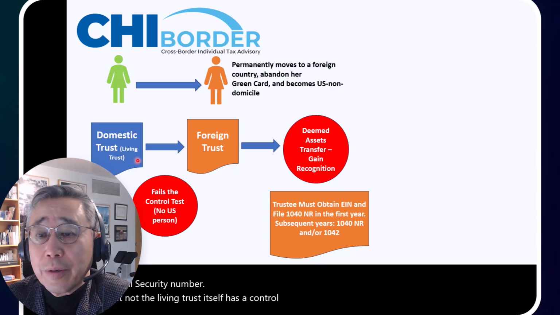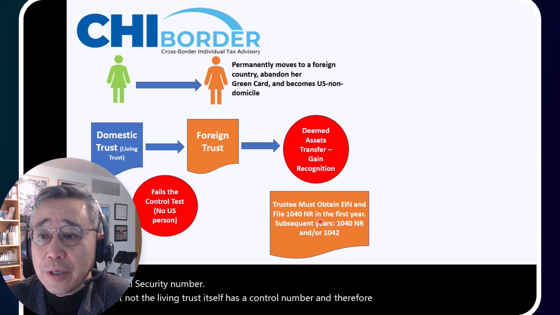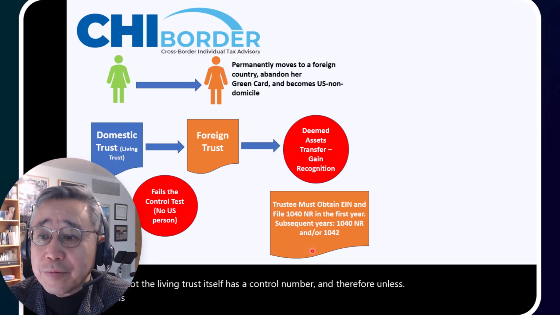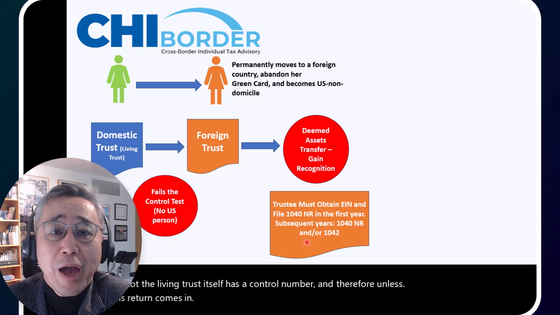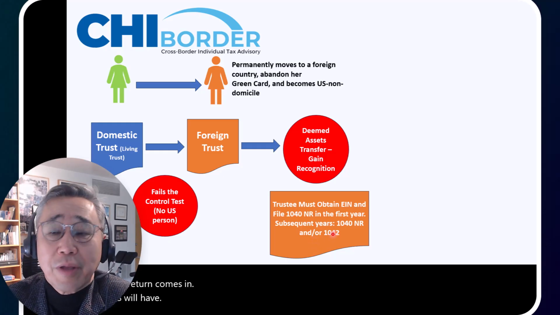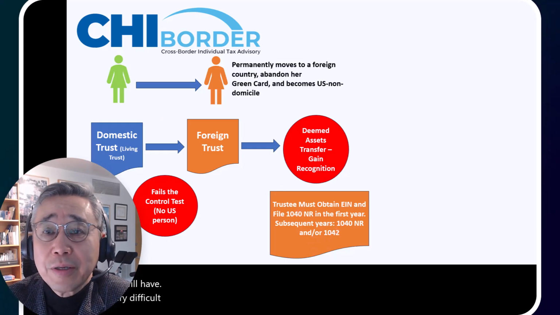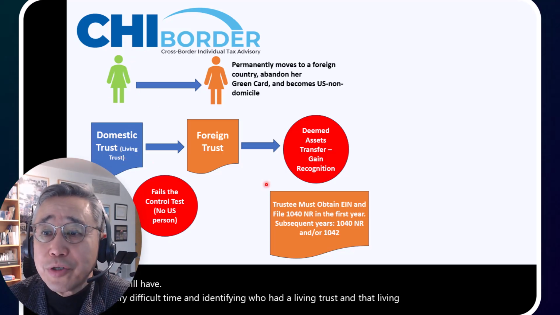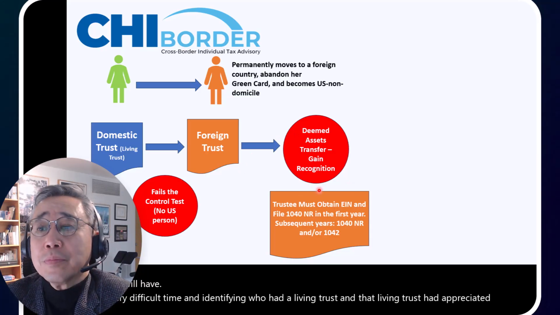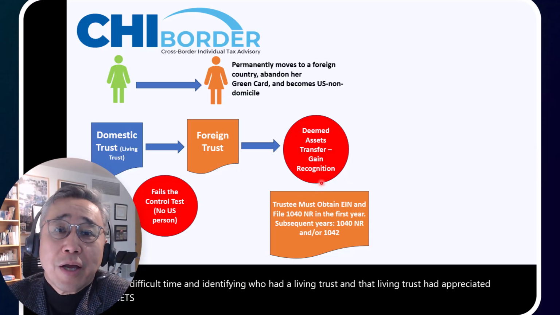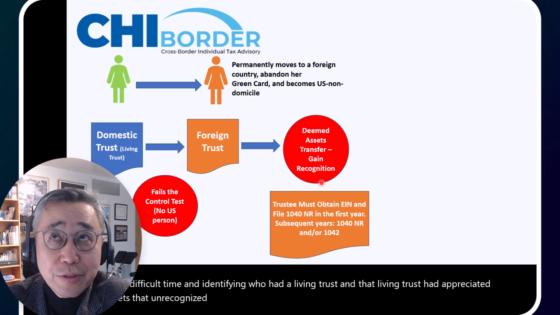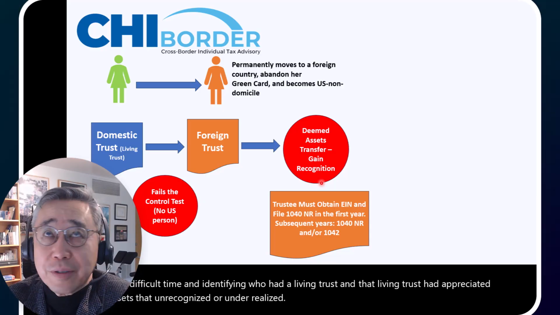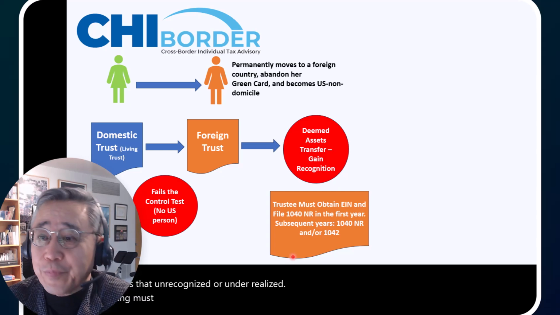And therefore, unless this return comes in, the IRS will have a very difficult time identifying who had a living trust and that the living trust had appreciated assets whose unrecognized or unrealized gain must be taxed.